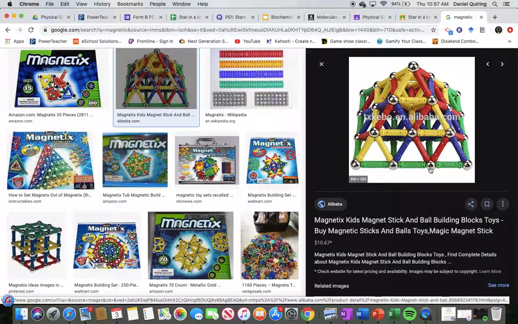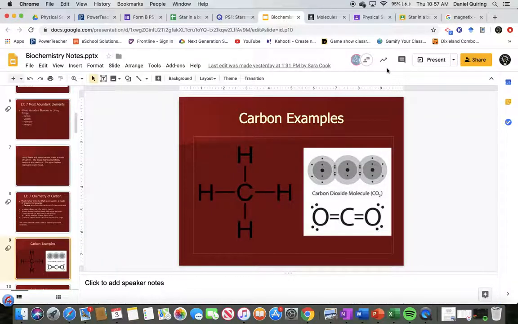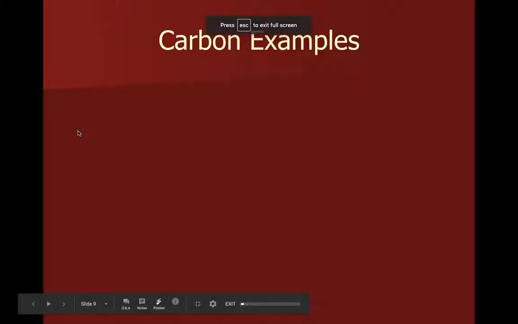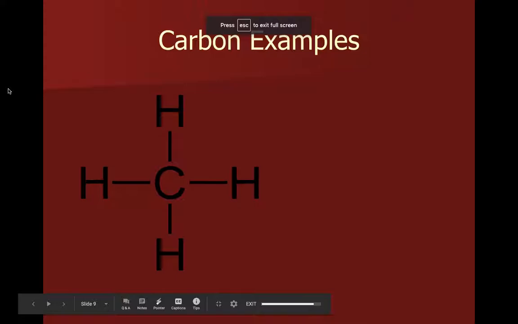Imagine that these metal balls are carbon, because carbon is able to join all of these different things together. It serves as kind of the hub that centralizes the rest of these pieces. And carbon is able to do those things because it can make 4 bonds.